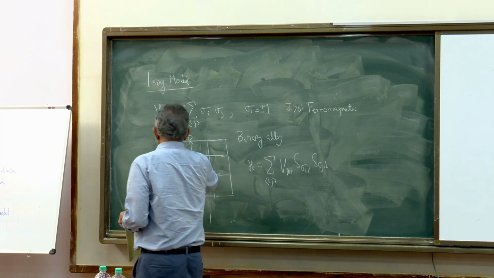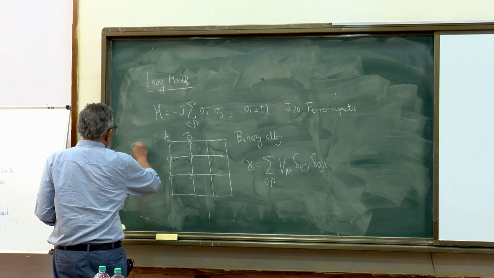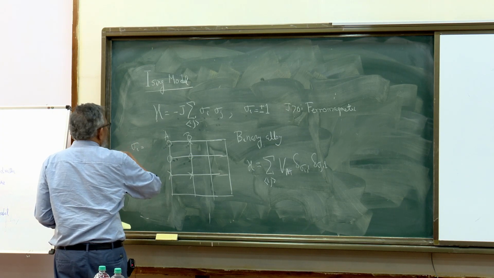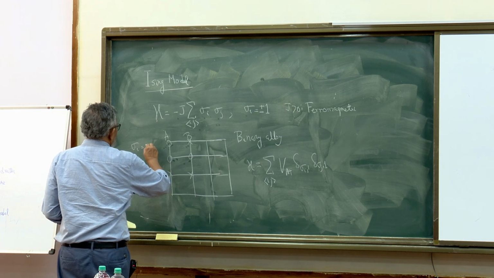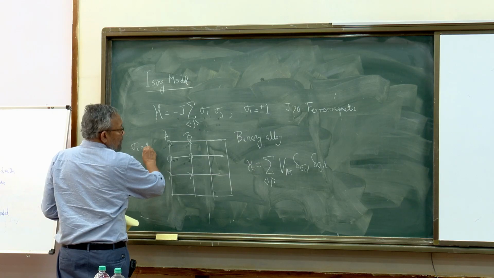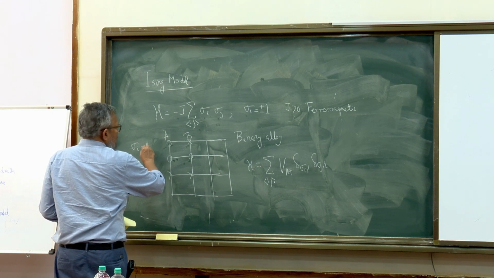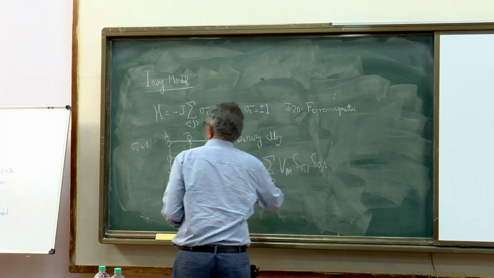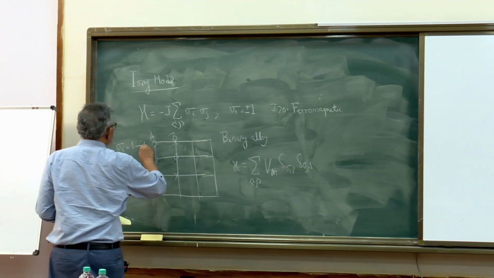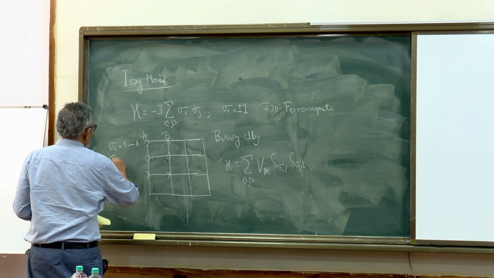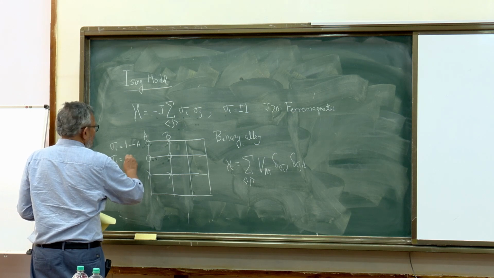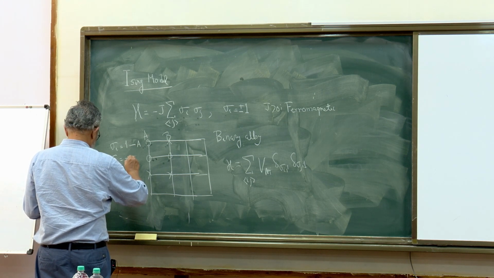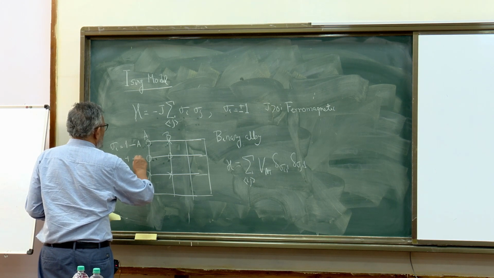So for each lattice site, I define a variable sigma_i. Sigma_i can take two values, and one corresponds to an A particle, the other corresponds to a B particle.